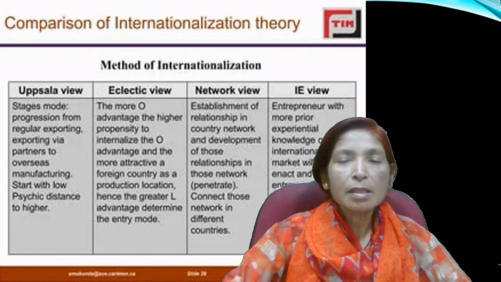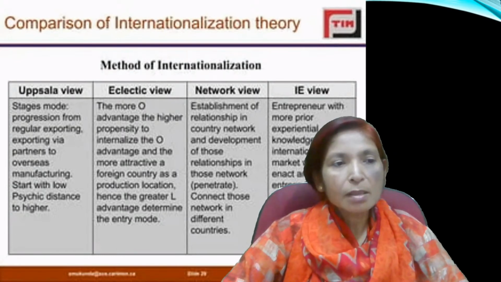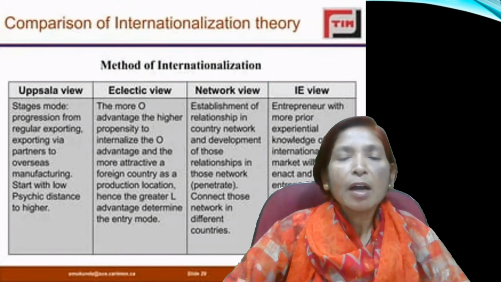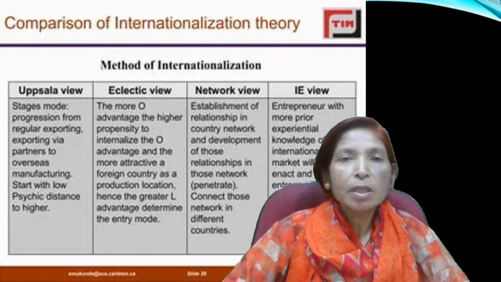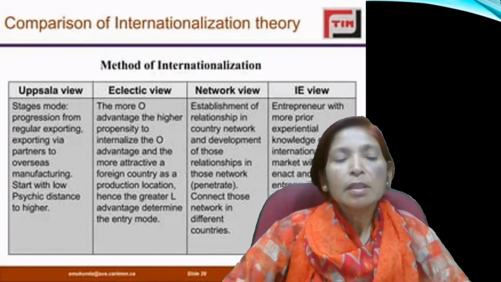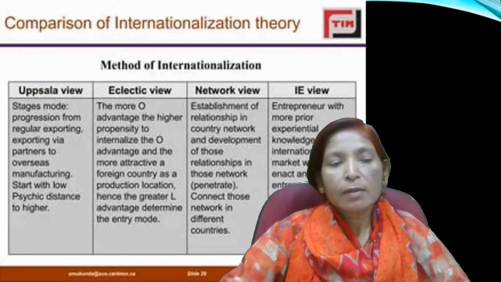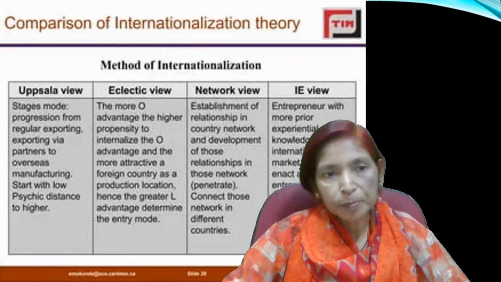It means this theory states that while doing international businesses, firstly, we have to export with our partner countries. Then we should increase our international business from the low psychic distance to the higher distance mode.